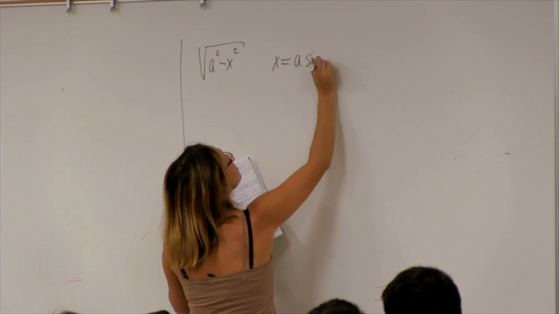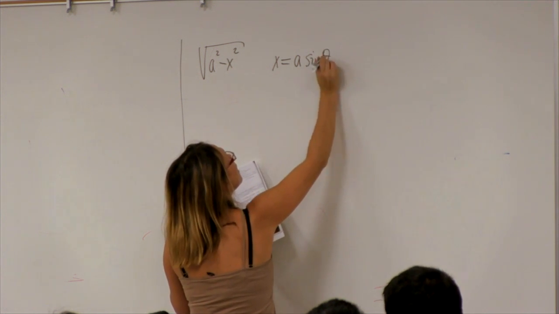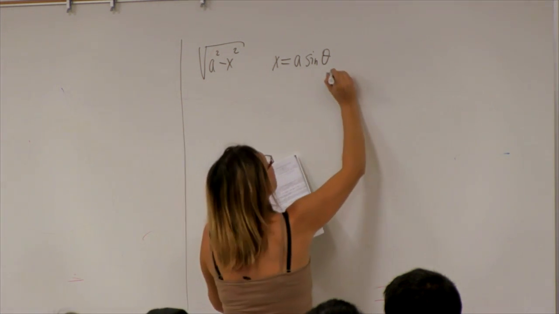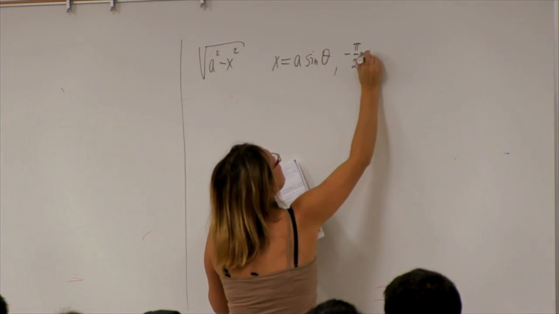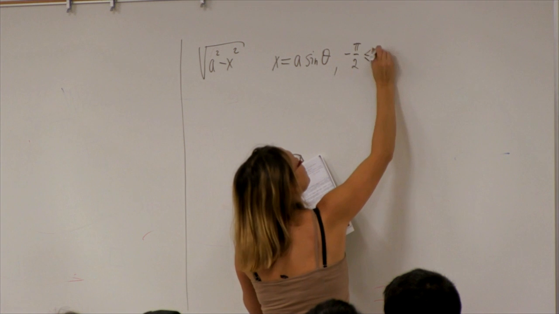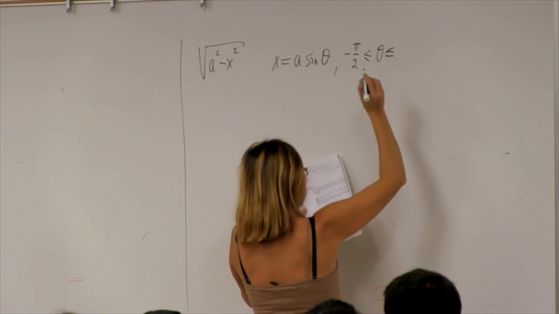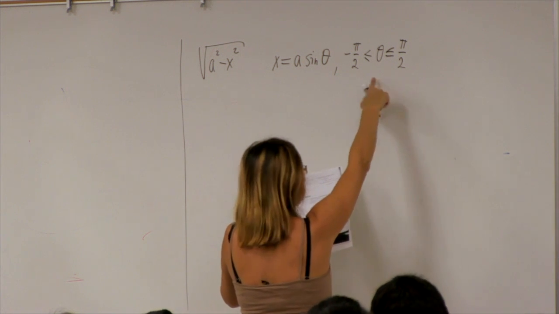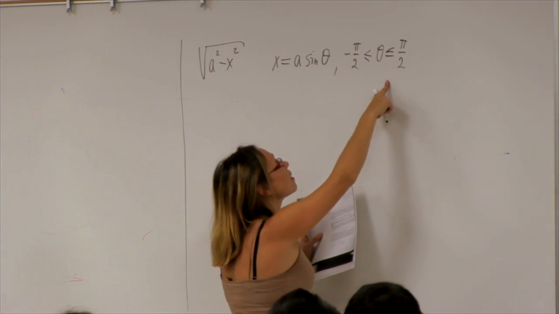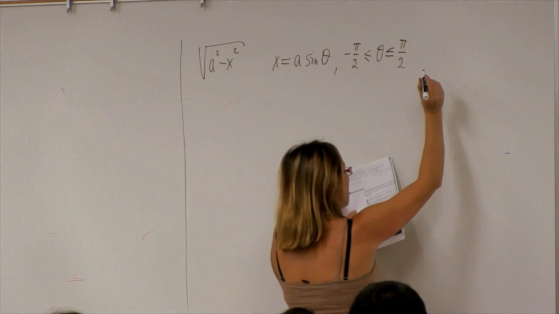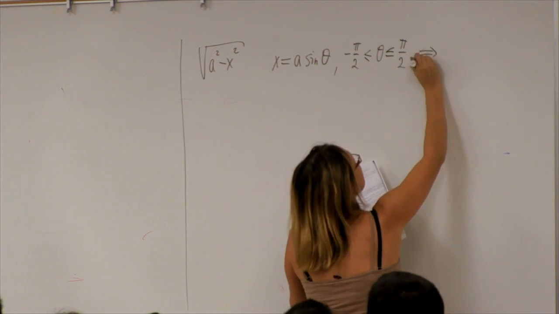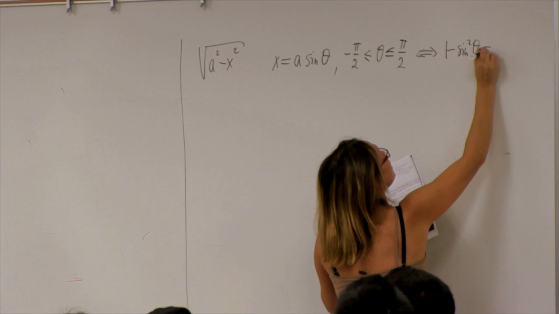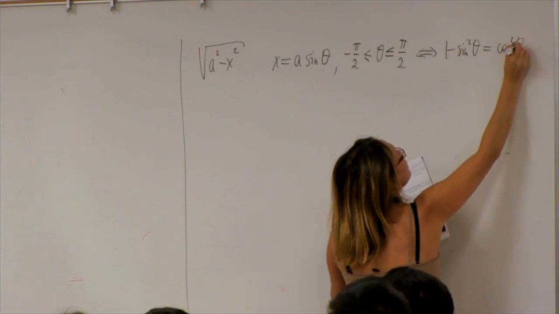So let's say that x is a sine theta, okay? And I want to restrict the range of this function, the domain of this function, or the range of theta, to this. And I'm going to use an identity. 1 minus sine squared theta is cosine squared theta.